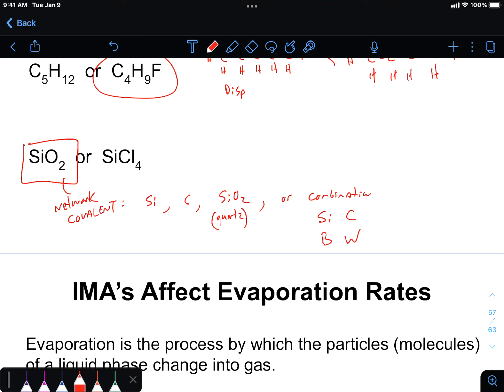Any two of those together is going to be a network covalent. And you should recognize them as being the strongest attractive force and thus the highest melting and the hardest. So SiW or BC or SiC or WB, okay, and so on.